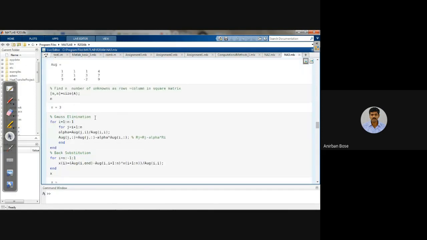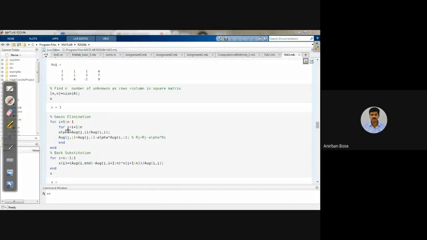And in Gauss elimination, you have to remember that there are 3 rows or 3 columns. So I will go from 1 to n minus 1. That means in our case, when there was a third order coefficient matrix, because there were 3 variables, it will do calculation for 1 to 3 minus 1. 3 minus 1 is 2.